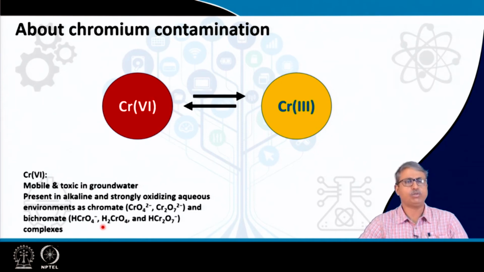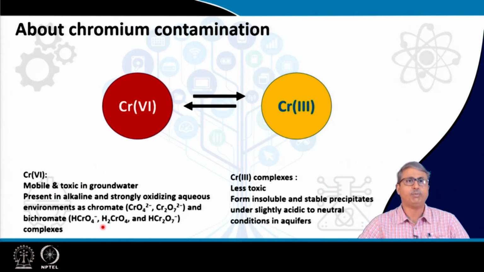So, overall the chromate and bichromate are all chromium 6 complexes, and they are very mobile, present significantly in the aqueous medium, bioavailable and very toxic. In contrast, chromium 3 complexes are less toxic, and they form insoluble and stable precipitates under slightly acidic to neutral conditions in aquifers.